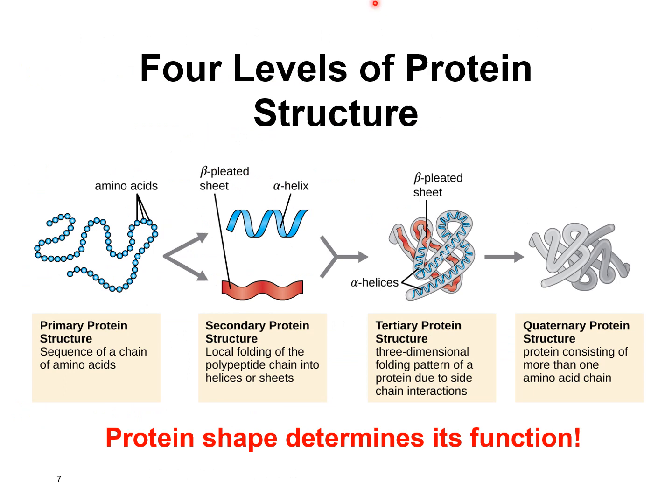So here's a nice picture just showing the 4 levels of protein structure. We've got the primary level of protein structure. This is just the linear sequence of the amino acids, so just what order the amino acids are in. And this is just held together by the peptide bonds between the amino acids.